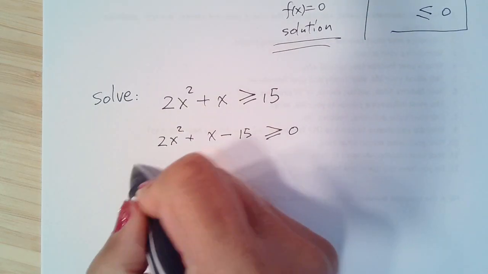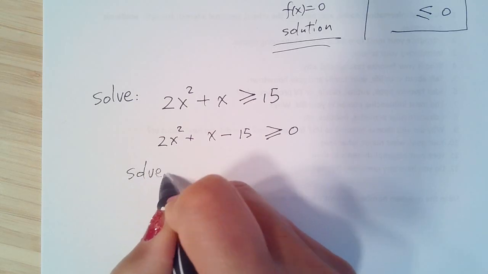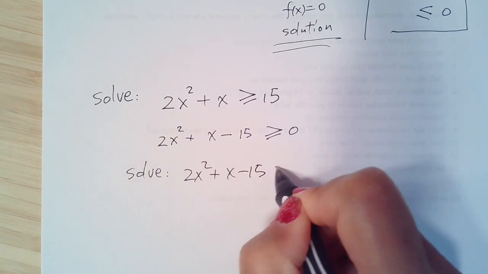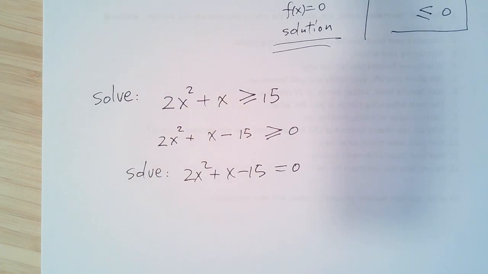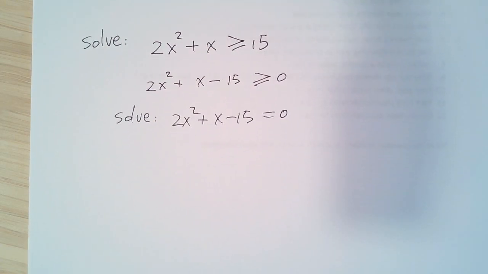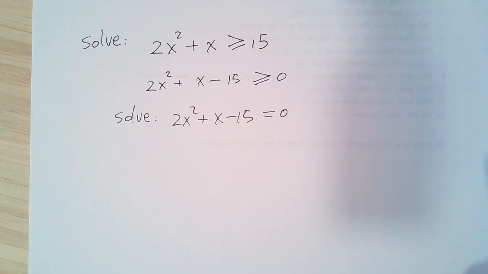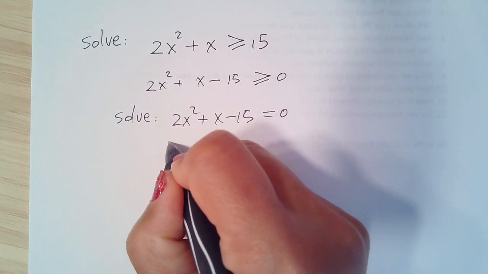So we're going to solve this: 2x squared plus x minus 15 equals 0. This is a quadratic equation. How do you solve that? Two ways. One is a, b, c, and then you use the quadratic formula. The second one you can factor.